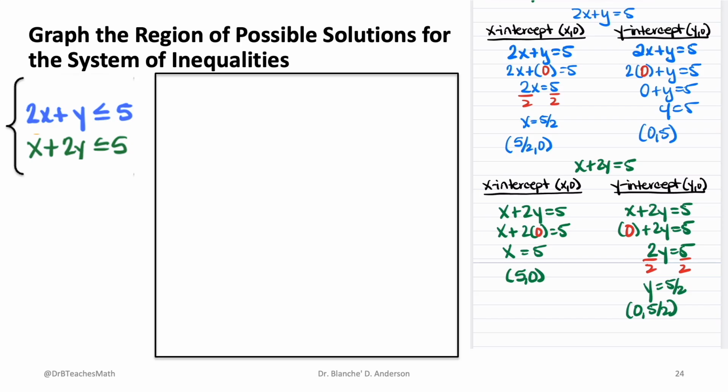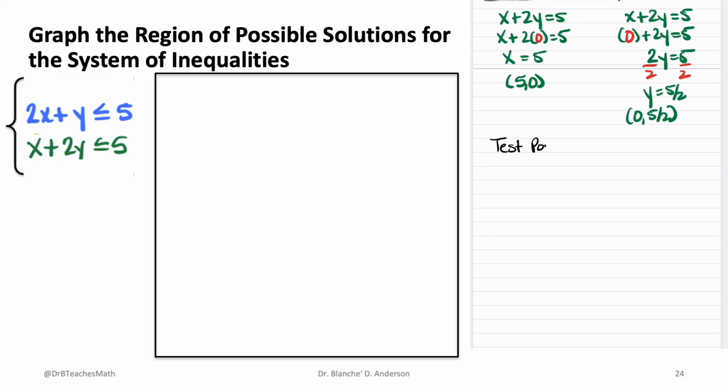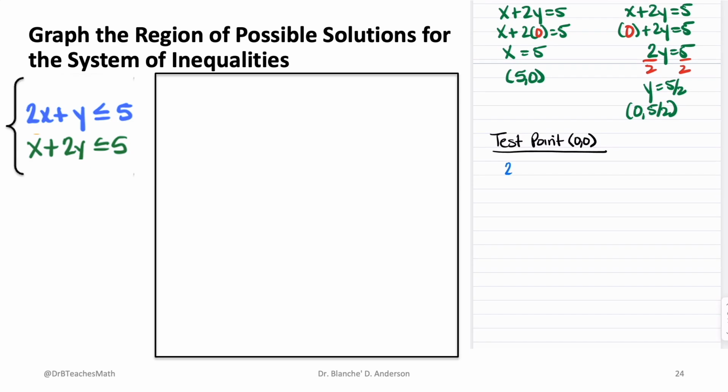Oh, test points. I'll show you how we did the test points so that we know which side of the graph to shade on. Let's try 0, 0. Okay, so 2x plus y is less than or equal to 5, and our green equation was x plus 2y is less than or equal to 5.